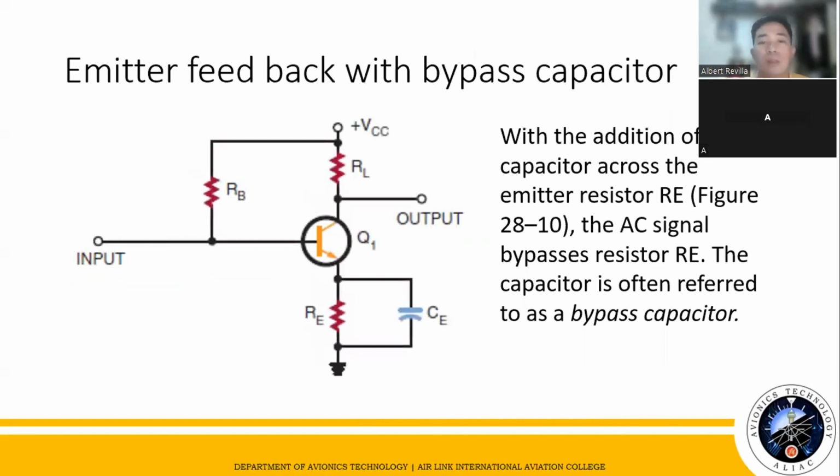So, here sa emitter feedback with bypass capacitor, okay, sinasabi kay bypass capacitor, the bypass capacitor prevents any sudden voltage change from appearing across the resistor RE. So, pag nagkakaroon ng voltage change kay RE, nandito si bypass capacitor by offering a lower impedance to the AC signal.